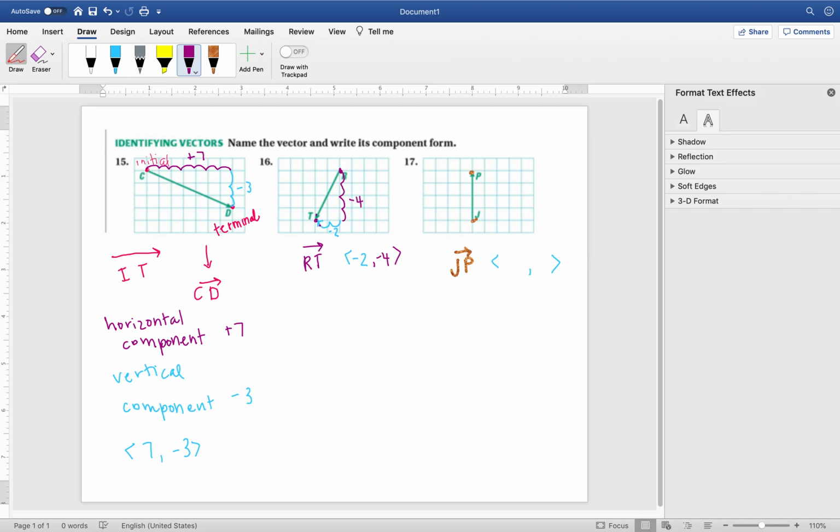You see how here I could move left 2, here I could move right 7. Here there's no change, so my horizontal component would be 0. However, when I'm looking at my vertical component, I'd go 1, 2, 3, 4. Since I went up, that would be positive 4.